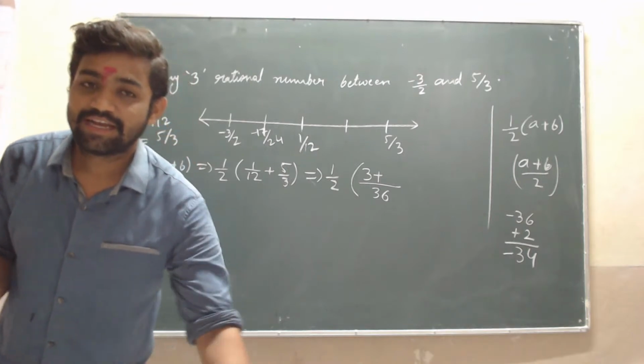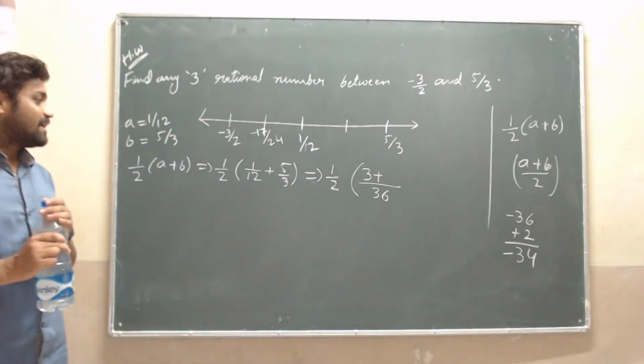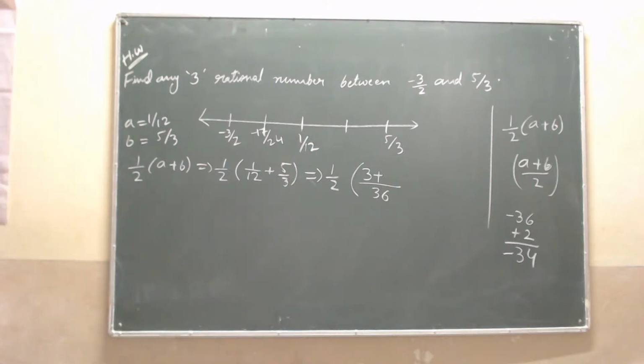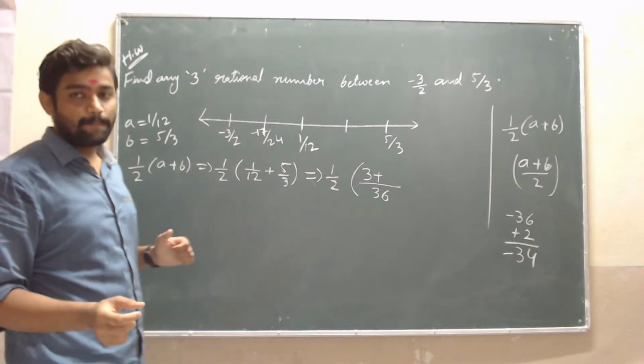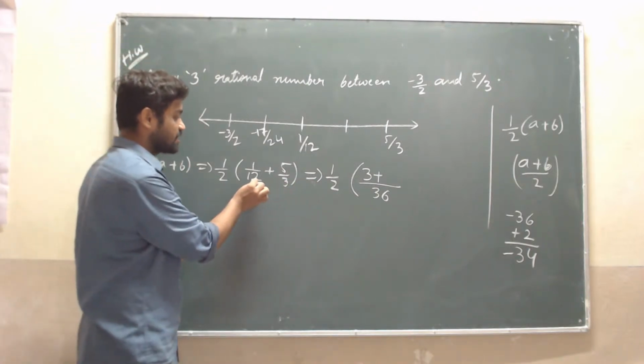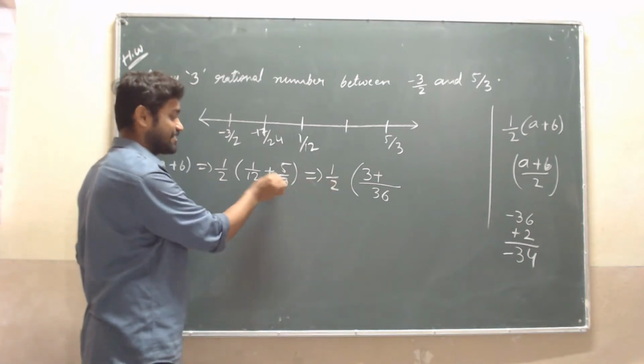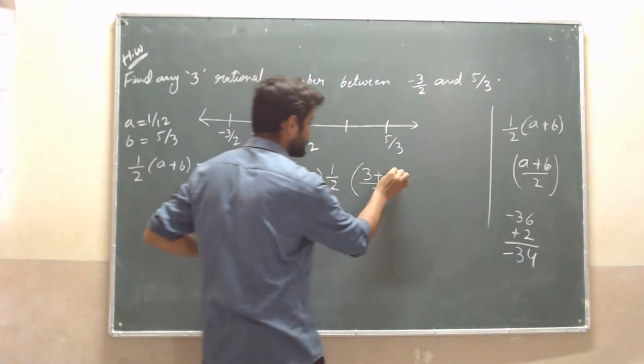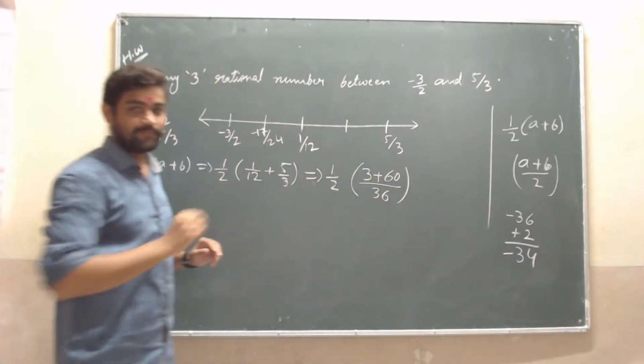Yes, now tell me. 12 5s are? We are cross multiplying. 12 3s are 36, 3 1s are 3 and 12 5s are 60. Very good, Bharat Kumar, that is 60.